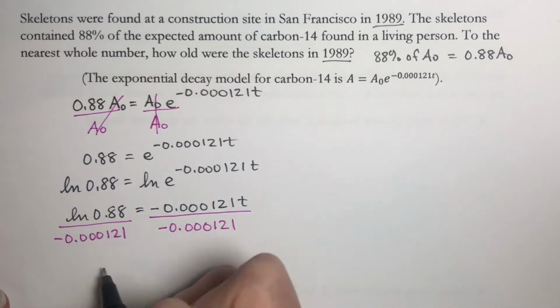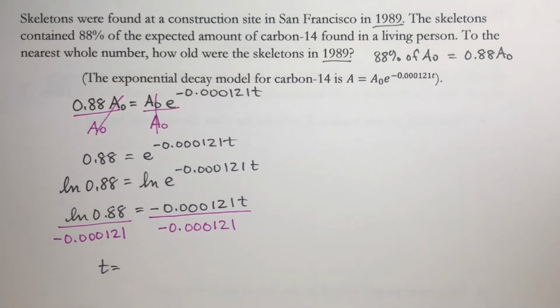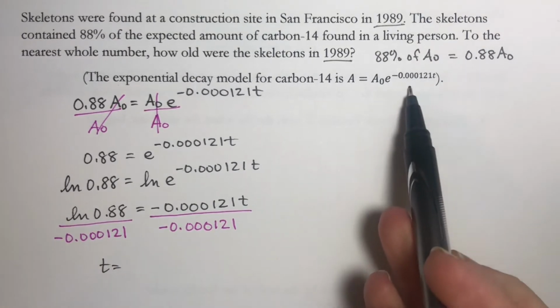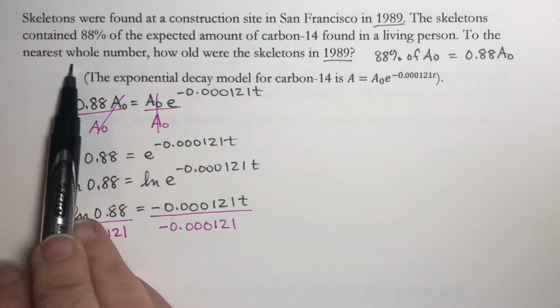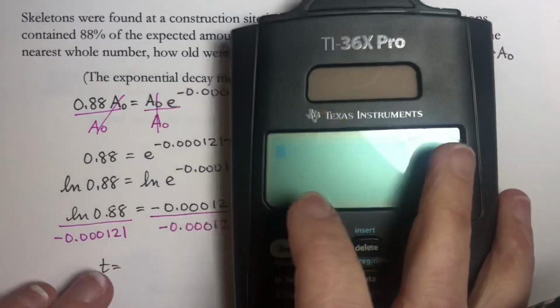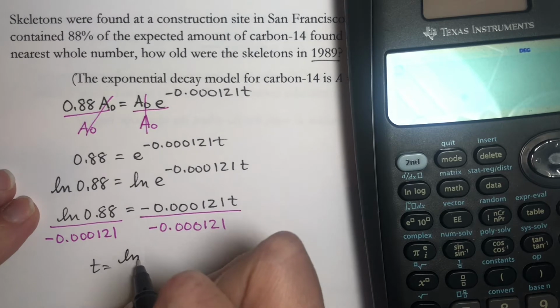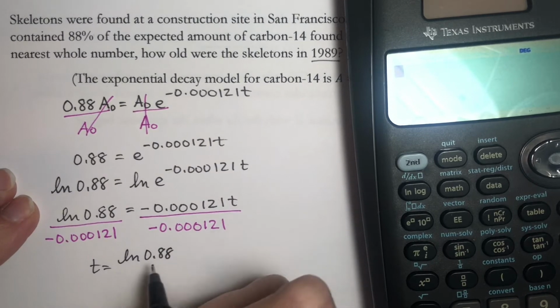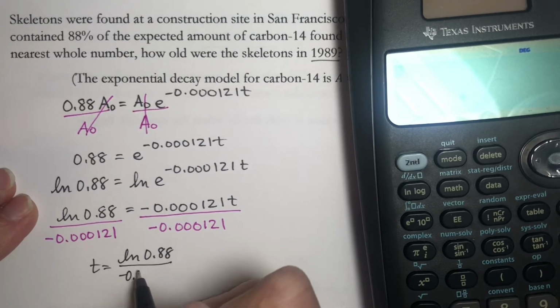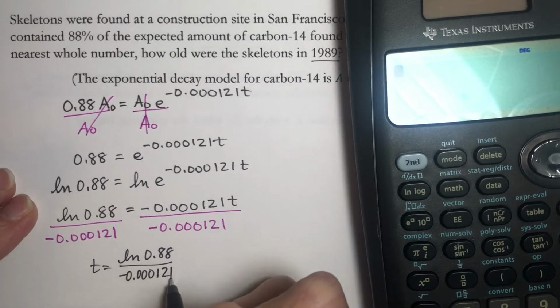So for my time, before I even plug it in my calculator, I'm going to double check. I'm supposed to round to the nearest whole number. Okay, so my t value is equal to natural log of 0.88 divided by negative 0.000121.